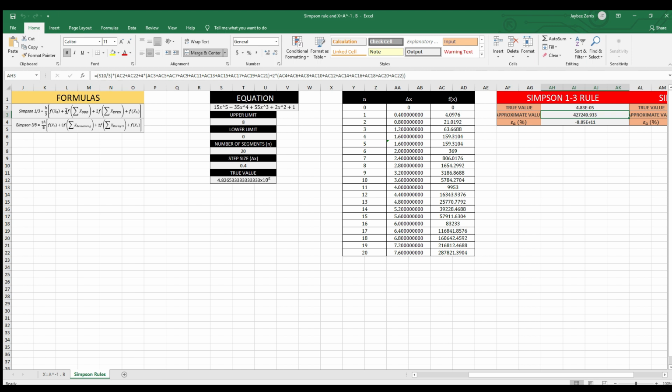Then, dito naman sa F of x0, ilalagay natin dyan is yung umpisa ng fx, which is ito, plus yung dulo, which is ito.